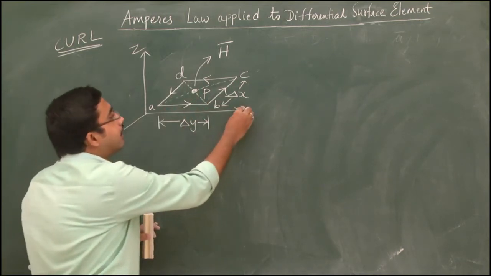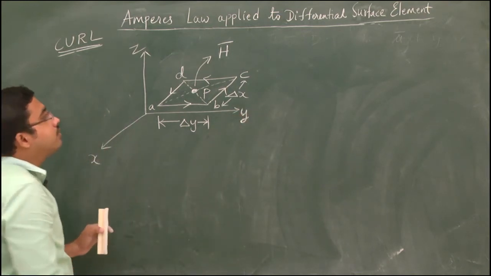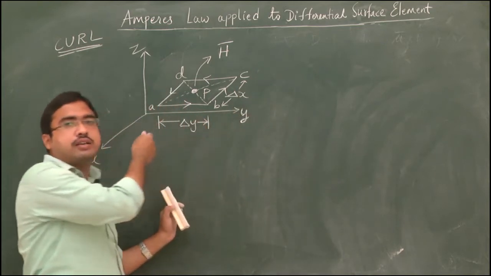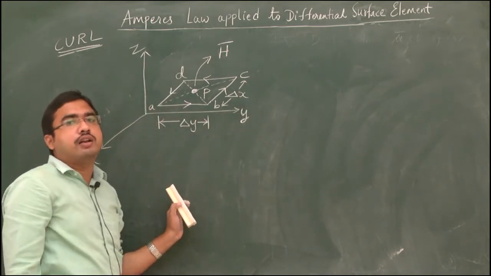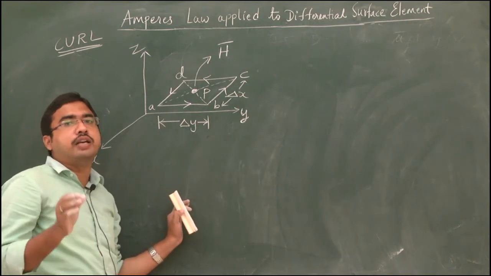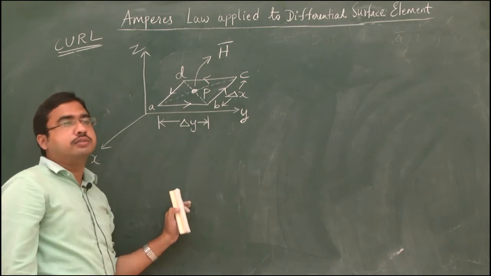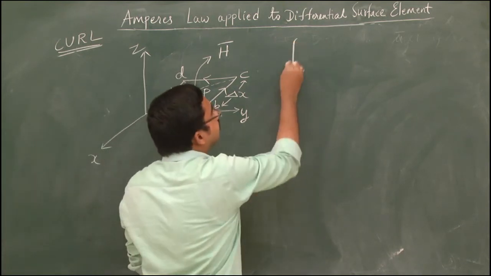Your Amperian path is kept in the xy plane. Okay. So, what does Ampere's circuital law state? Ampere's circuital law states that the closed line integral of magnetic field intensity H bar around a closed path is equal to the current that is flowing in that path.